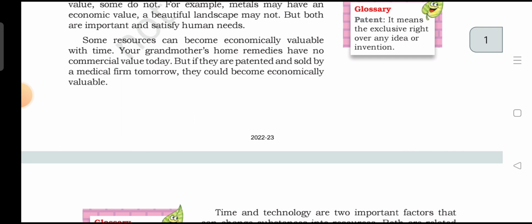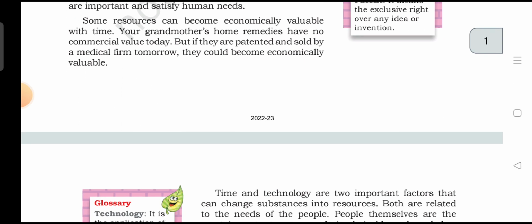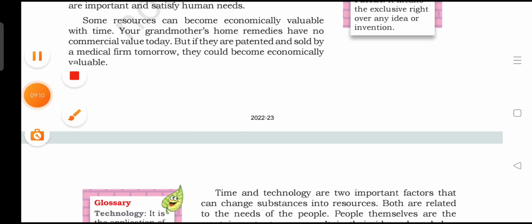Like your grandma's remedies. What are remedies, dear children? Remedies are something which are beneficial. Means you must have seen your grandma when you're sick. She makes her own kadha or some health drink, some medicine.